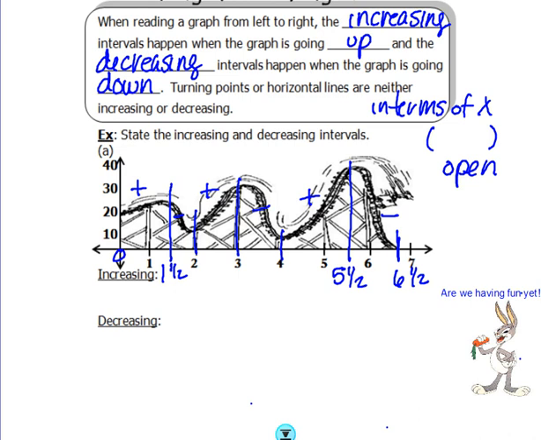All right, now we just need to write our intervals. Remember, they're open parentheses, because at these turning spots, we're just waiting for something to happen. We're neither decreasing nor increasing. So our first increasing interval, since we started at 0, is 0 to 1.5, then we start increasing again, and we can connect them with that U, 2 to 3. And then finally, our last increasing interval is 4 to 5.5.